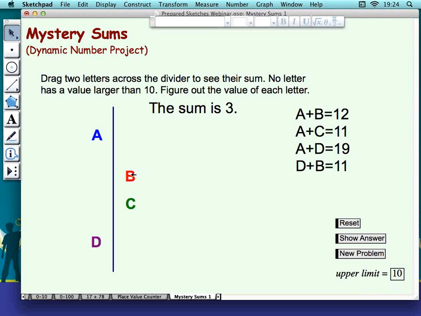And in fact, here's another interesting pair which tells us something very important about B and C. As they do the various puzzles in this sequence of puzzles, the mystery sums puzzles, there are a number of them, and some of them are easier, some of them are harder. There are some inherent clues in here because A and D is such a large number and B plus C is such a small number. And there are fewer of those clues, and there are also some chances to make their own puzzles to share with their classmates.